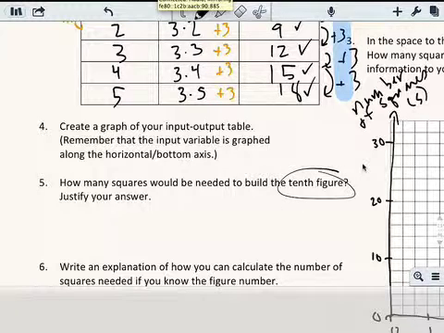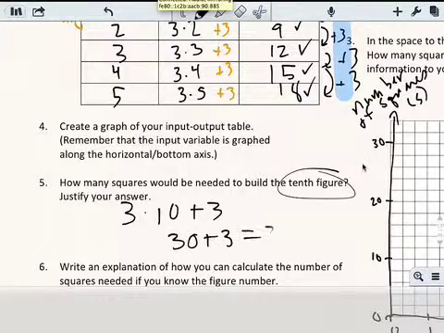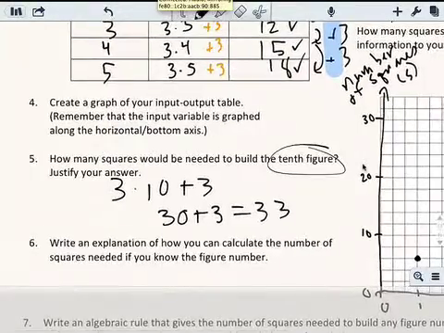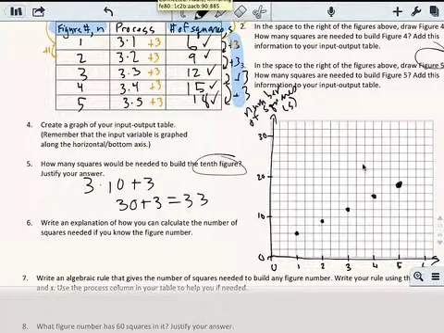Because we're looking at the 10th figure, I'm going to do 3 times 10 plus 3. And that's just 30 plus 3 equals 33. And so I've justified my answer by using the same process. Write an explanation of how you can calculate the number of squares needed if you know the figure number. And so I think we might have just mentioned it.